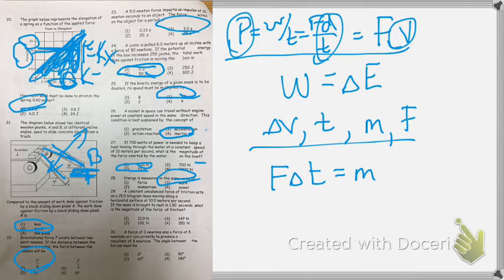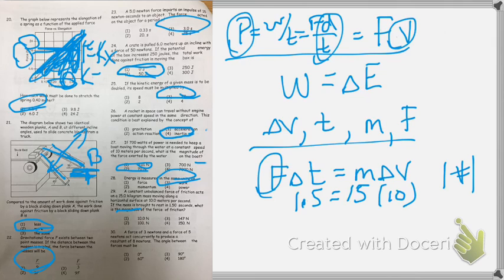F delta t is m delta v. So you want to know the force. You have the time is 1.5, the mass is 15, and it's brought to rest, so your delta v is 10. It's actually negative 10, but all the answers are positive because it's looking for magnitude. The word magnitude just means the number.